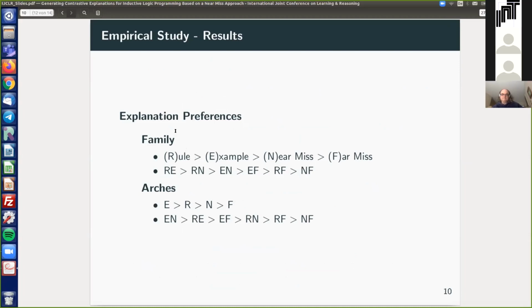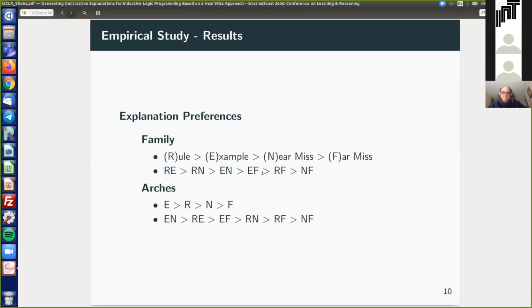For example, for the family domain, this abstract relational domain, we found that people in general found the rule to be the best thing in order to understand family. Then an example, then comes the near miss, and after that there's a far miss. So you can pretty much see here that the near miss is better than the far miss of a further degree away in order to understand the concept.